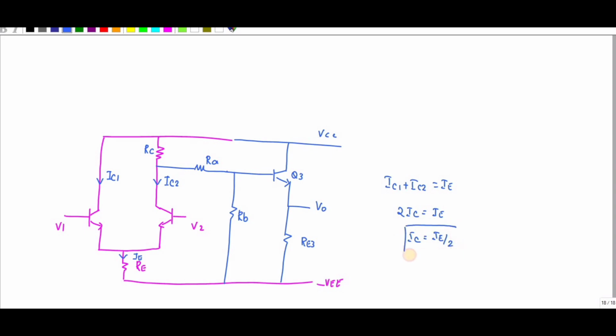So this is your differential amplifier, this one is your level shifter, and this is nothing but your emitter follower. Now let me explain the circuit.